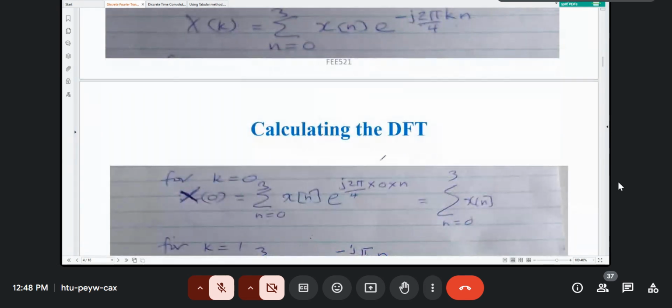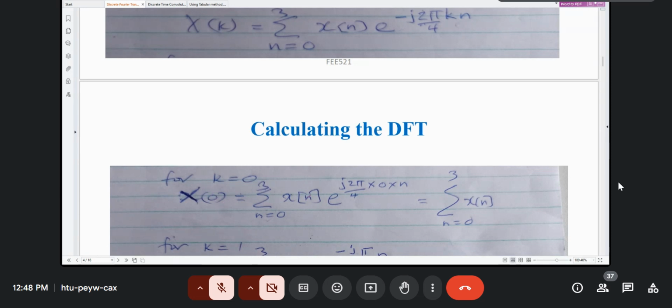And then we start calculating. What we want to look for is X of k. For k equal to 0, what is now varying is n, moving from 0 to 3, while k is fixed at 0.